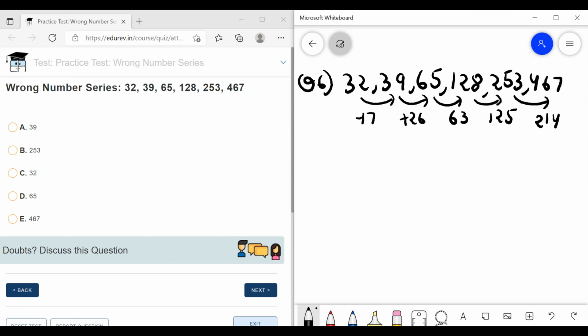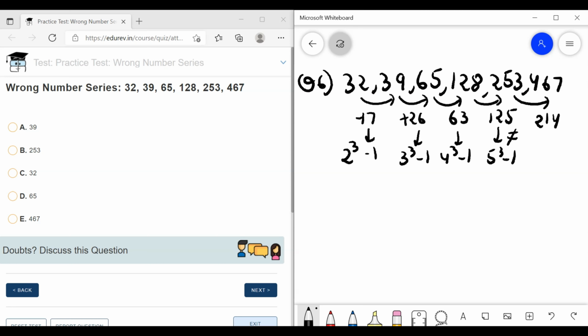But I can clearly see that 7 could be written as 2 cube minus 1, right? And 26 is 3 cube minus 1. This is 4 cube minus 1. This is not 5 cube minus 1, so this is not correct.